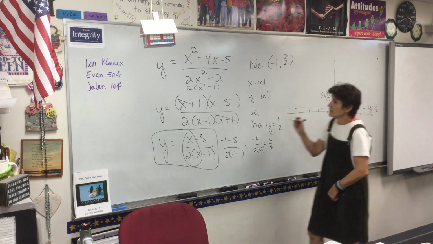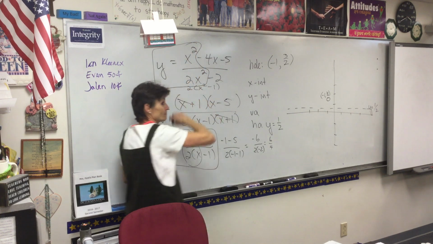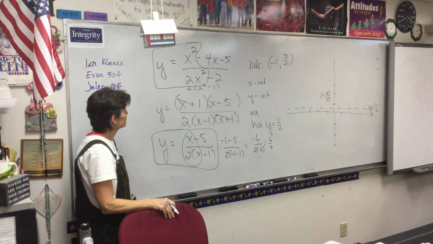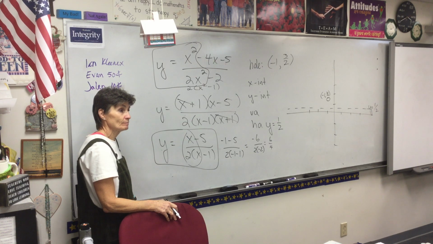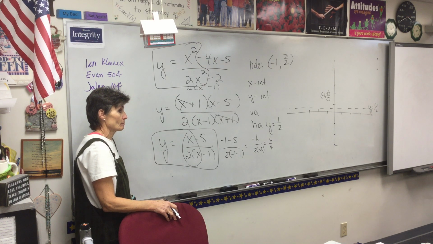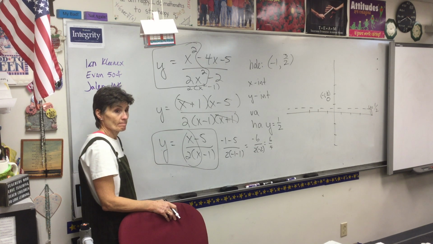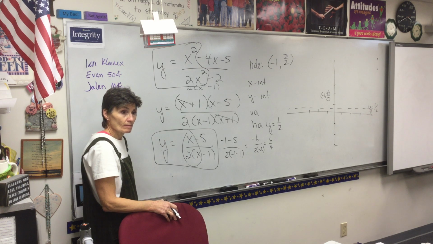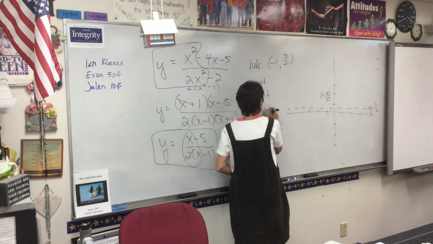By the way, you can also tell that back at the beginning. Can you see it right from the beginning here? Y equals 1/2. All right, what else do we have? The vertical asymptote is x equals 1.